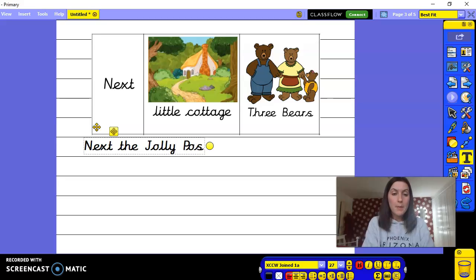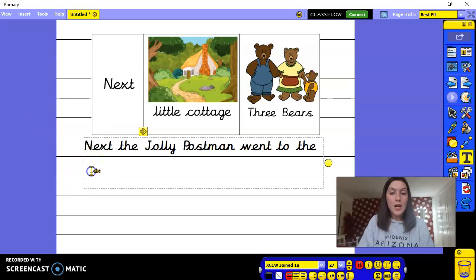Jolly Postman went to the, and then I can see my word here, little cottage. Just taking that from there.